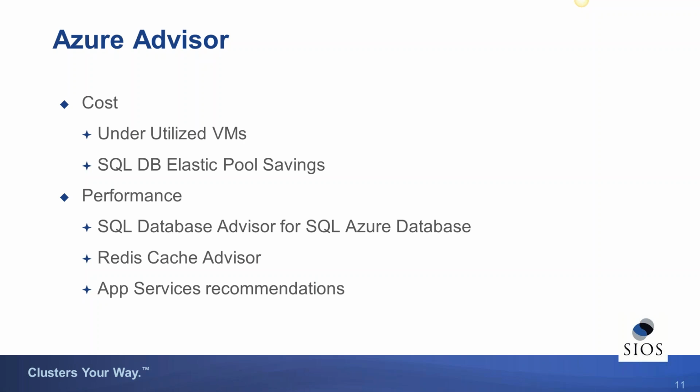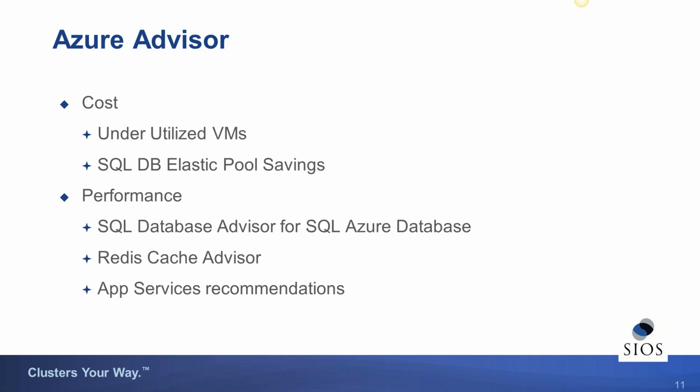If you're familiar with elastic pools, it can help identify workloads that would benefit from using them. Under the performance category, it really leverages the SQL Database Advisor for SQL Azure databases.